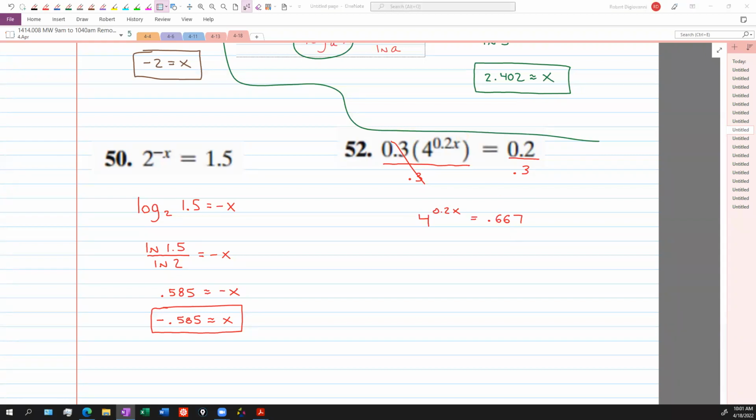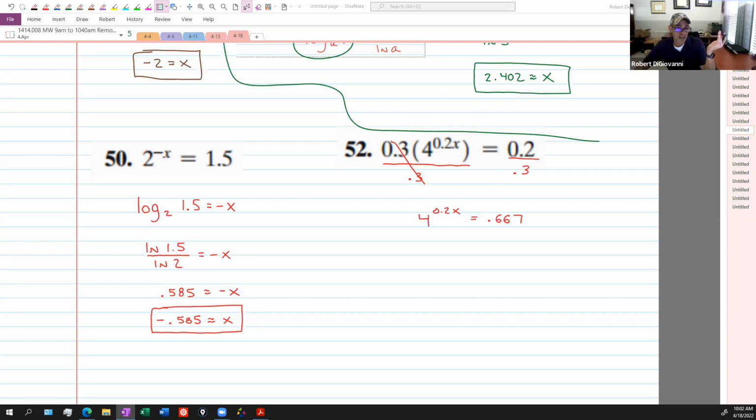So I rounded on the second one. It's actually 0.666 repeated, but I'm just going to do 0.667. Once you're here, it's the same as the previous problem. You're going to convert it to a log. So log base 4 of 0.667 equals 0.2x.